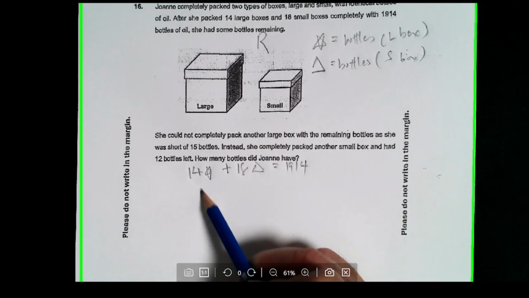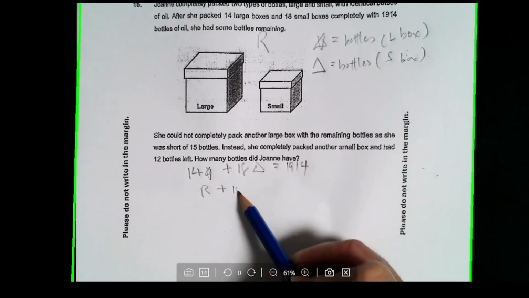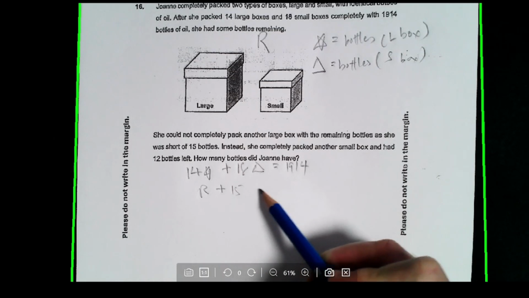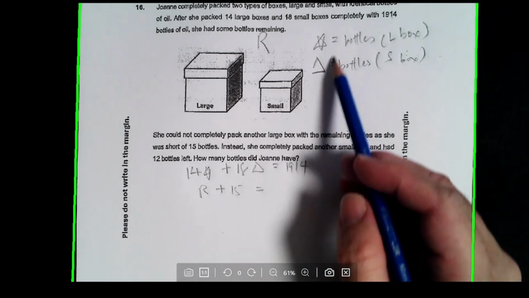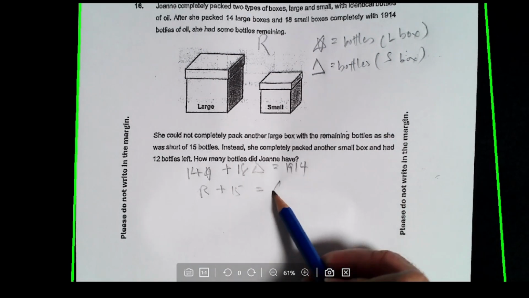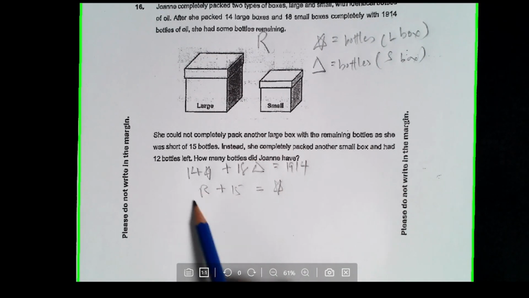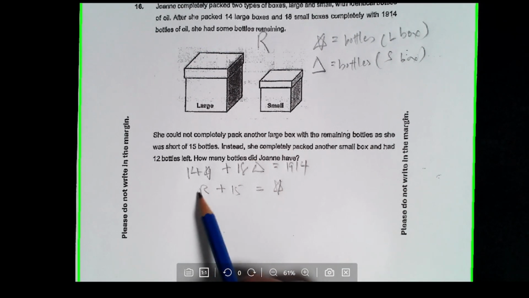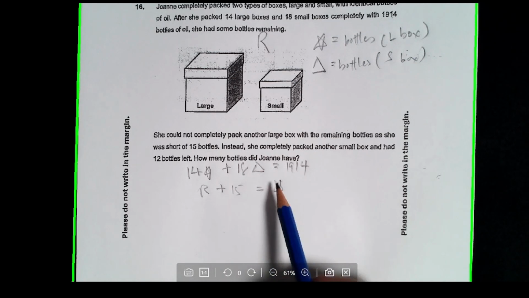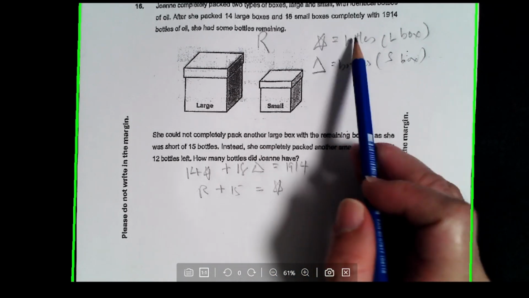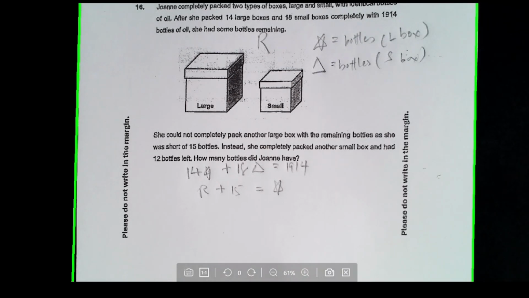Okay, the remainder plus 15 will pack up a large box. Star, the number of the remainder bottles. If you add another 15, it's just nice to fill up the number of bottles in a large box. Okay?